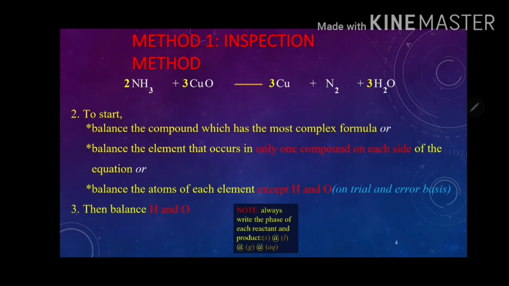So now it is already balanced both sides. Always recheck. There is 2 mole of N, 2 mole here. Hydrogen 6, hydrogen 6, copper 3, copper 3, oxygen 3, oxygen 3. It is balanced. So don't forget to write the phase to complete your balanced equation.